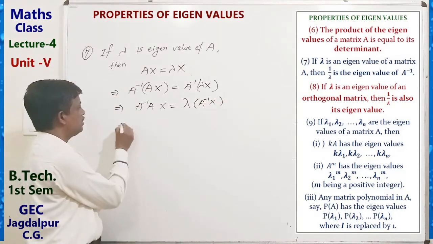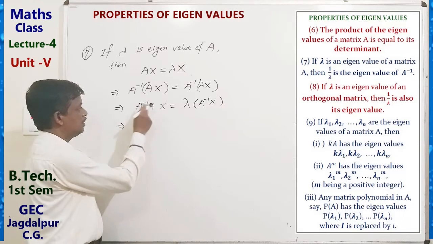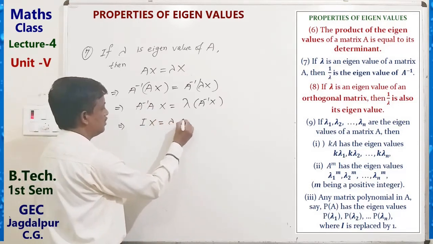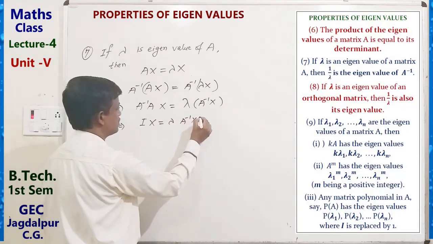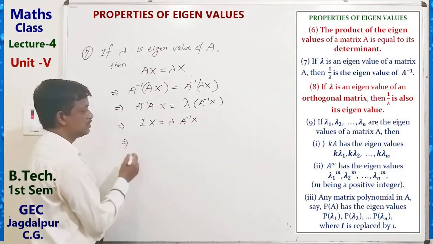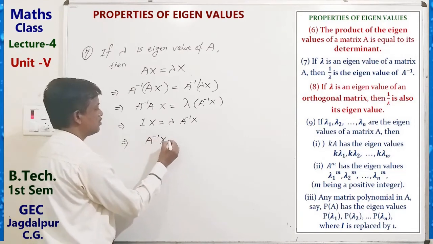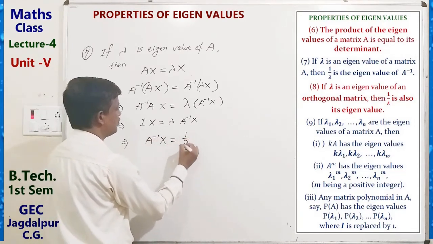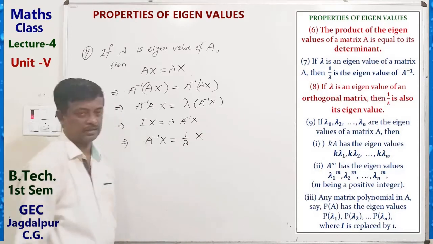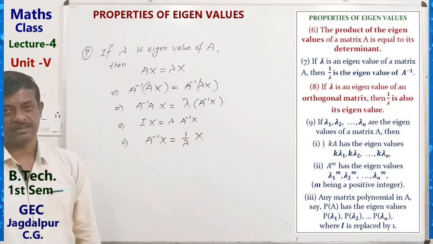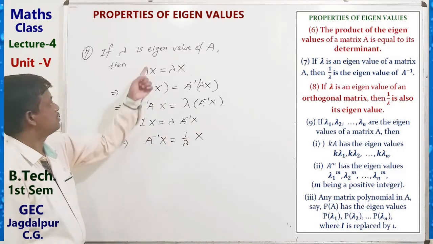So we can write I, A inverse A equals I, lambda A inverse x, implies I x. So A inverse x equals 1 by lambda into x. We can write like this: A inverse x equals 1 by lambda x. This is the same as this.